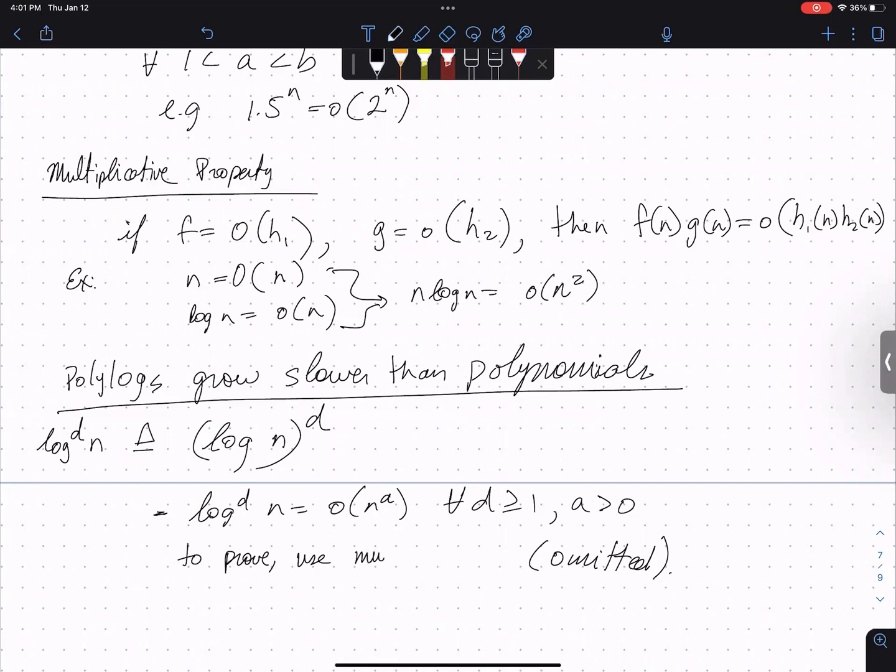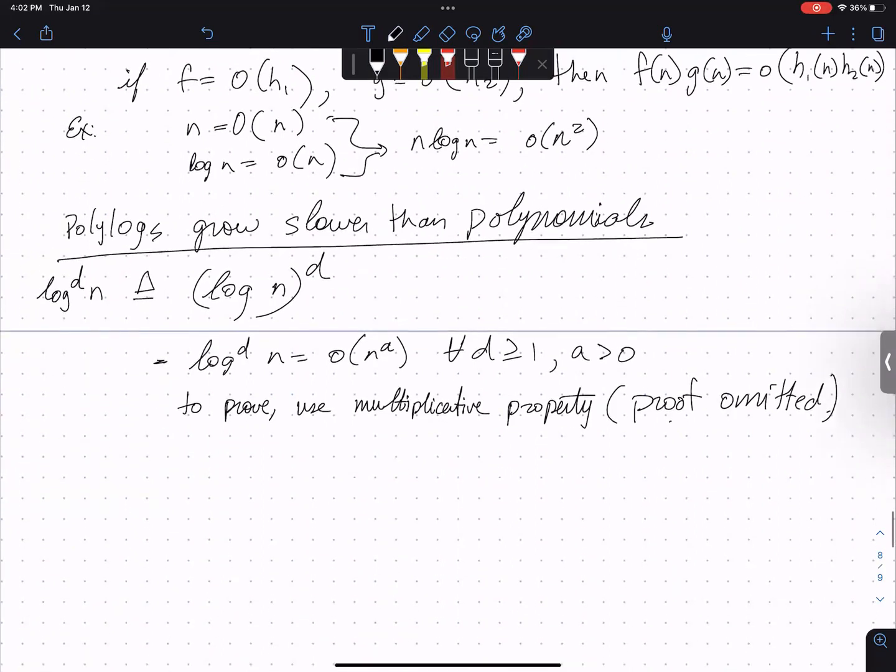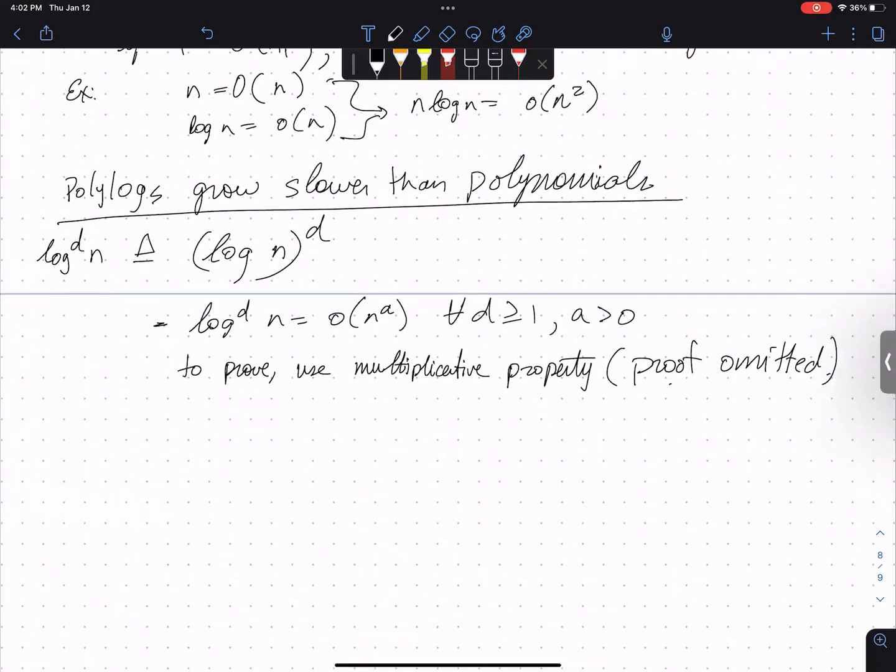I'm not going to write out the proof, but I'm giving you a hint: the multiplicative property.